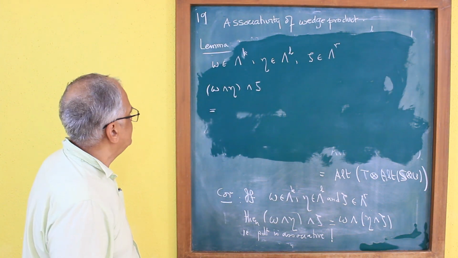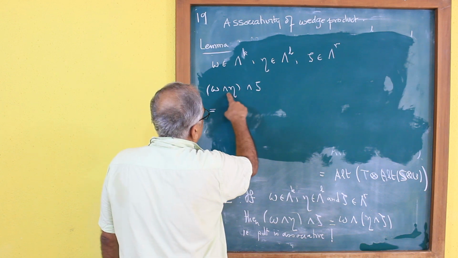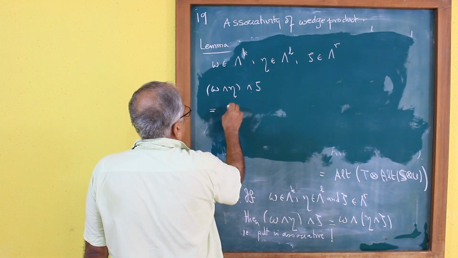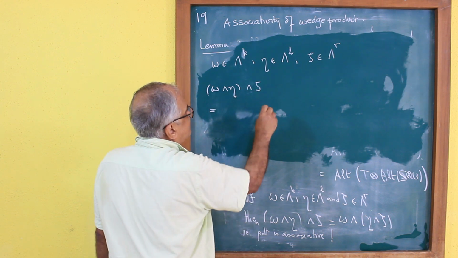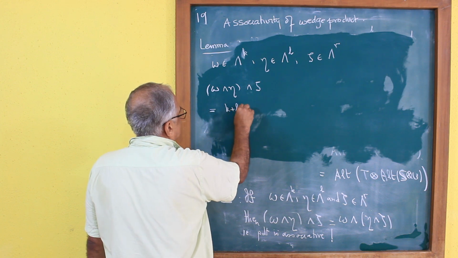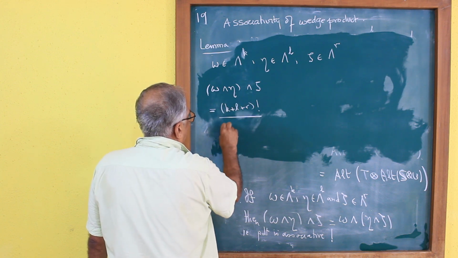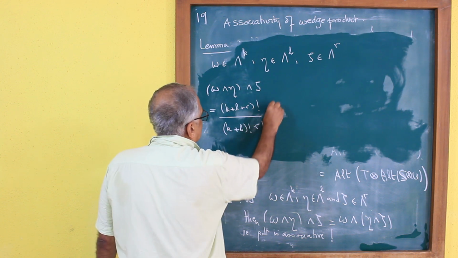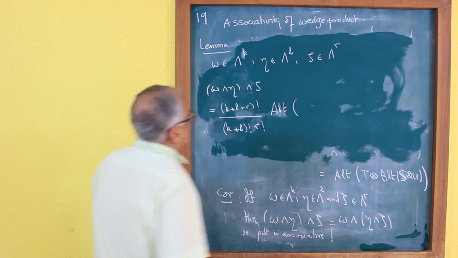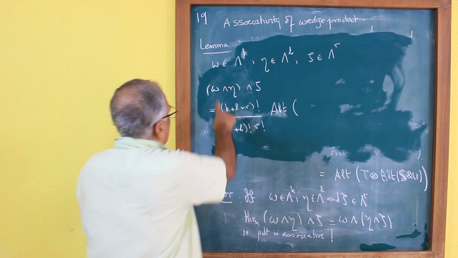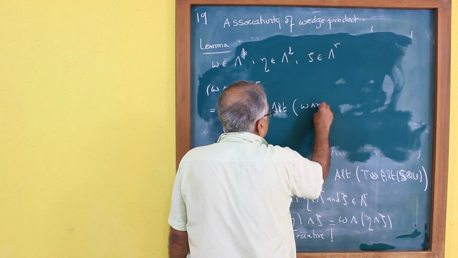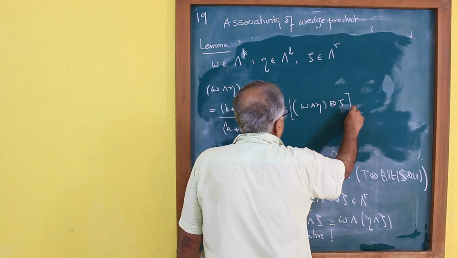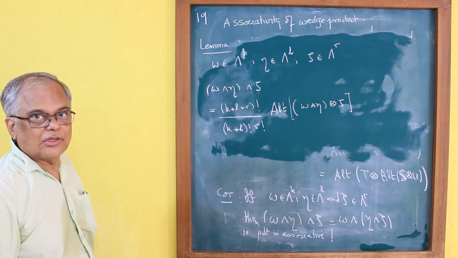What is this by definition? So I'm taking wedge of something with zeta. This is in lambda K plus L. So by definition, this is K plus L plus R factorial over K plus L factorial R factorial, alt of, what do I have to do? I have to take this thing and tensor it with zeta. Okay?